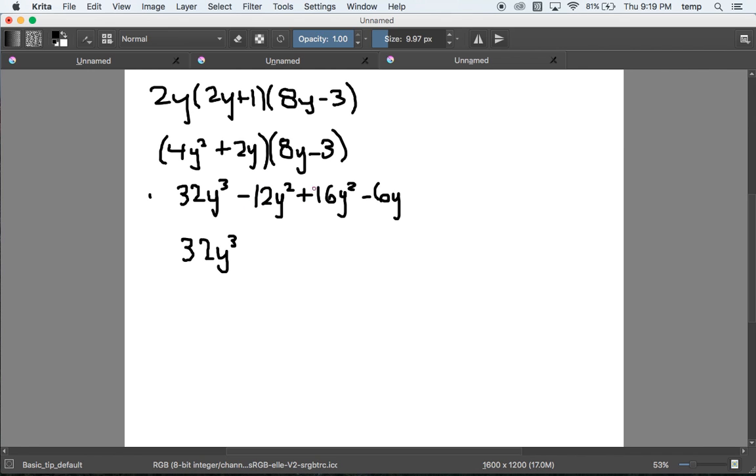We'll take negative 12y squared plus 16y squared. So that'll leave us with a plus 4y squared. And then we keep our negative 6y at the end.